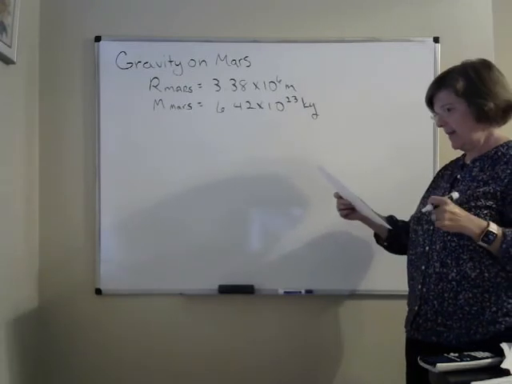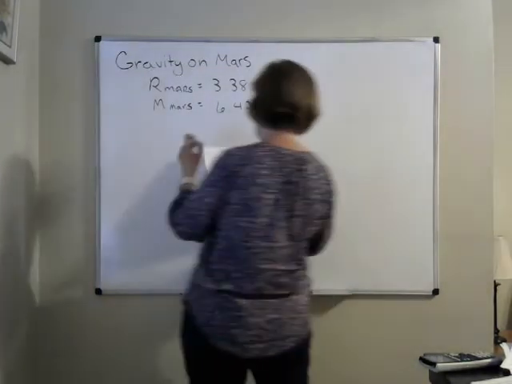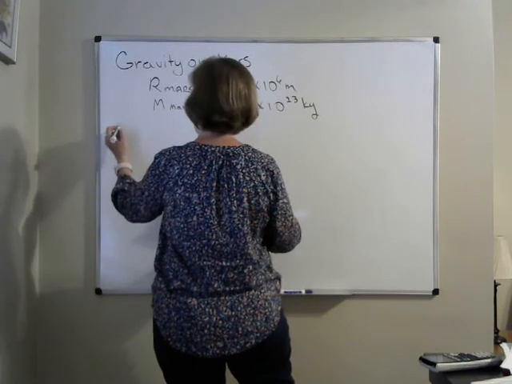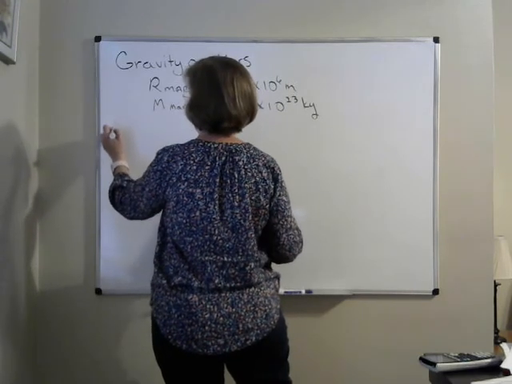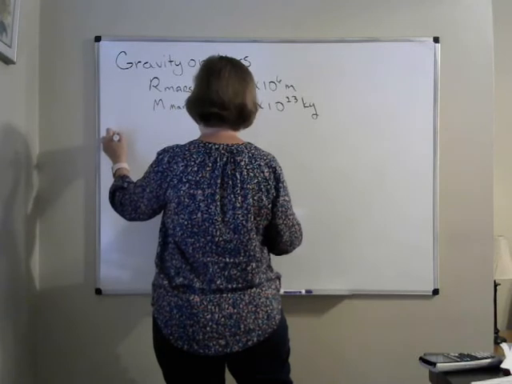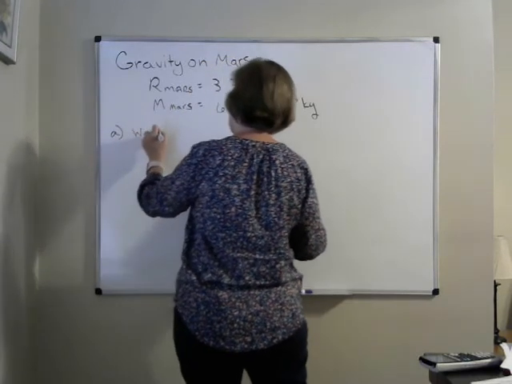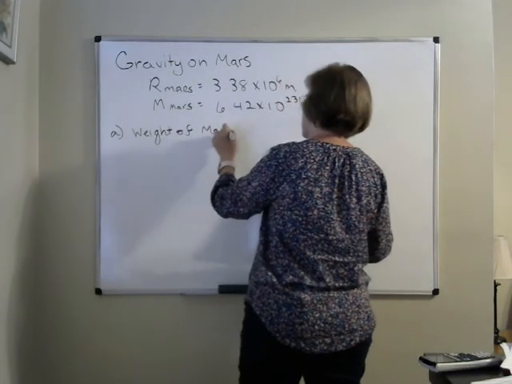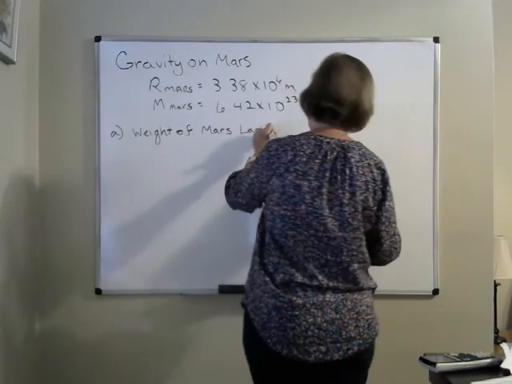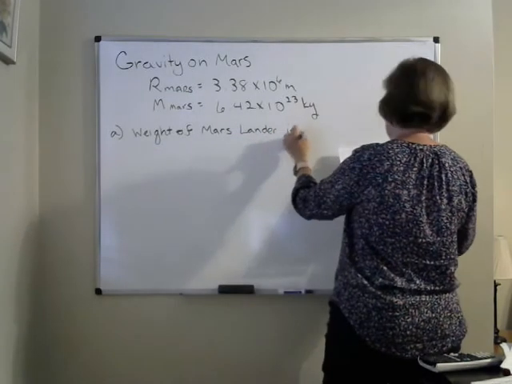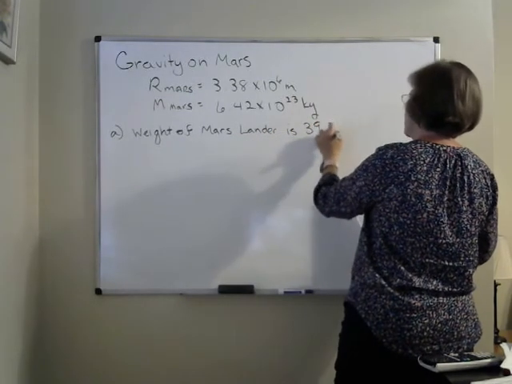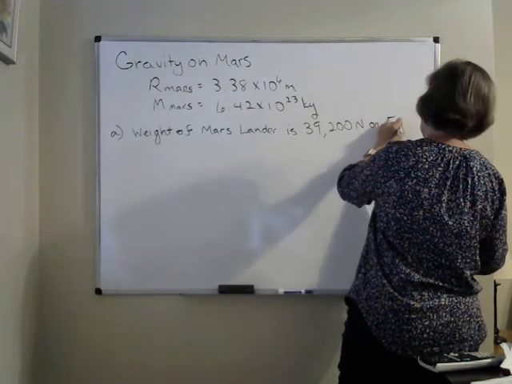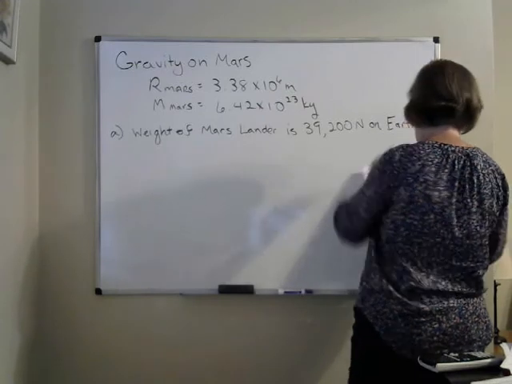Let's see what would happen. Suppose that they tell us that the weight of the Mars lander is 39,200 newtons on Earth. So we know what it weighs on Earth.